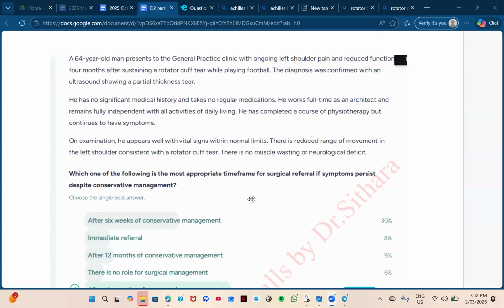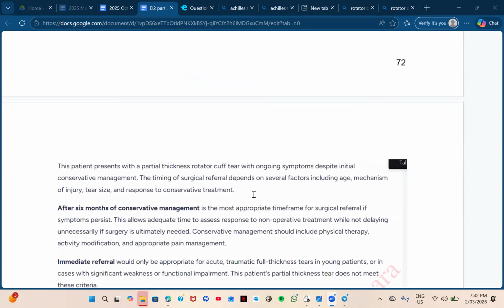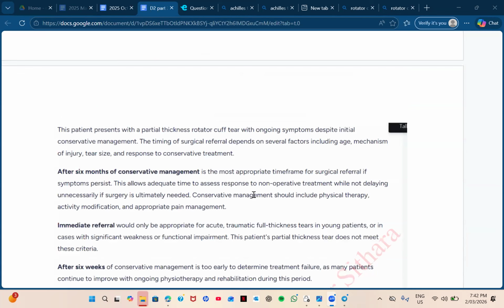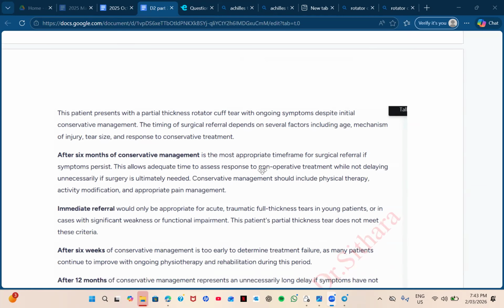The answer is after 6 months of conservative management. So please remember, in this case the patient presents with a partial thickness rotator cuff tear and ongoing symptoms despite initial conservative management. The timing of surgical referral depends on several factors including age, mechanism of injury, tear size, and response to conservative treatment.